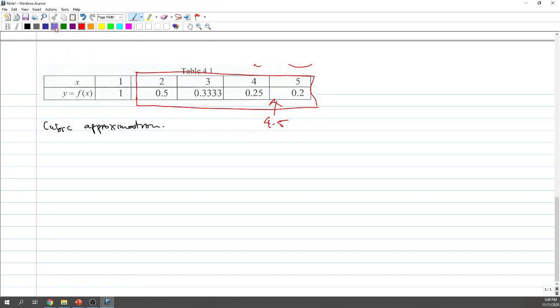Then we must mention this is x0, x1, x2, x3. So we ourselves choose the data, and then we set the number of points and where x0 starts.